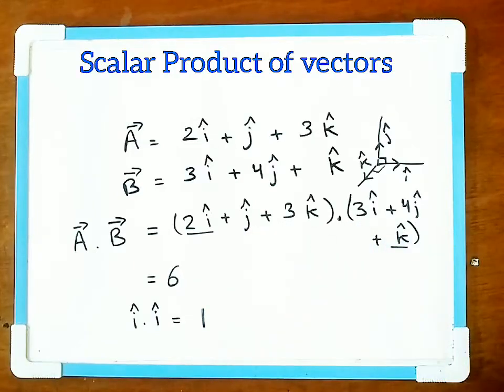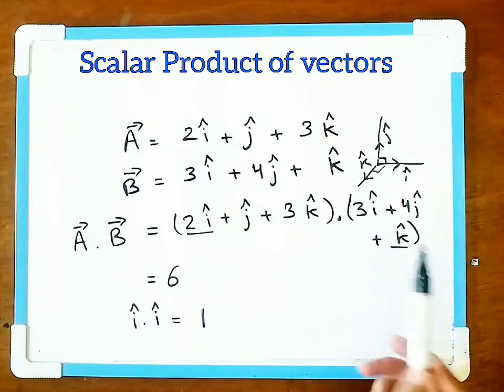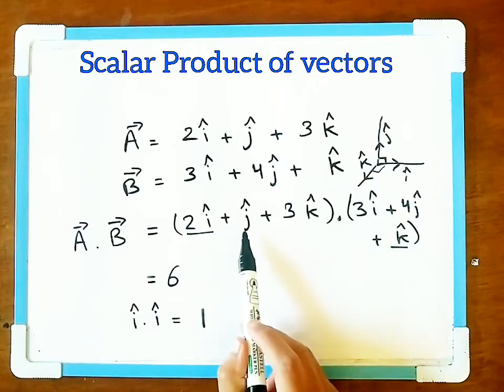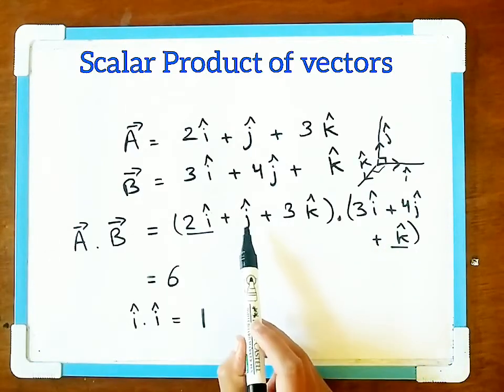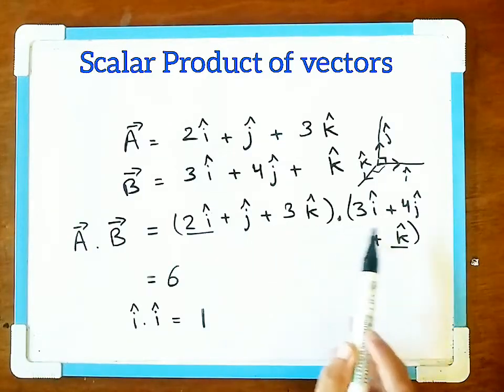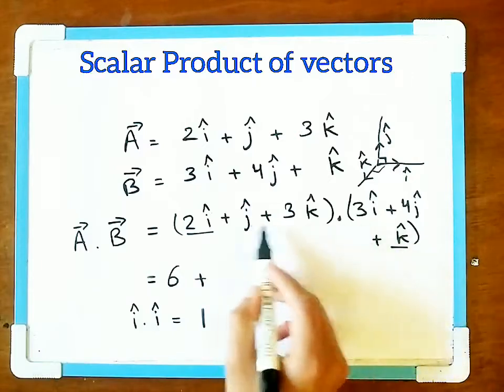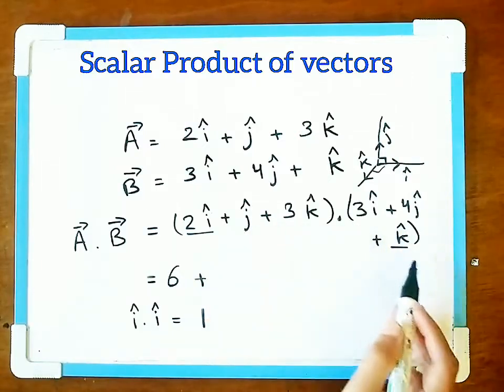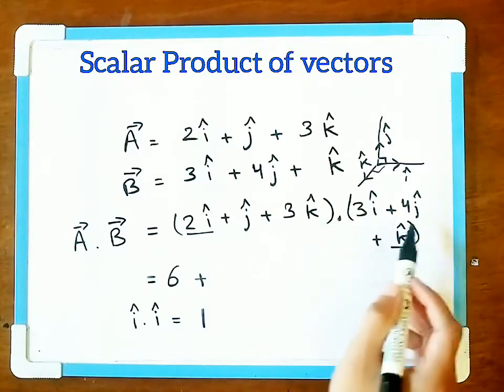But since we know that j dot i will be equal to 0, since they are different, and j dot k also will be equal to 0, we are only left with this j dot 4j. So here also no need to take this j dot 3i and j dot k, because we know it is equal to 0. Hence we just take this j and this j component.